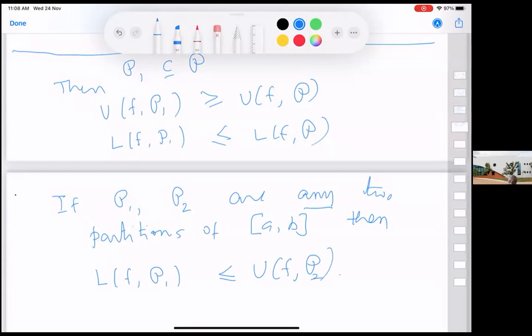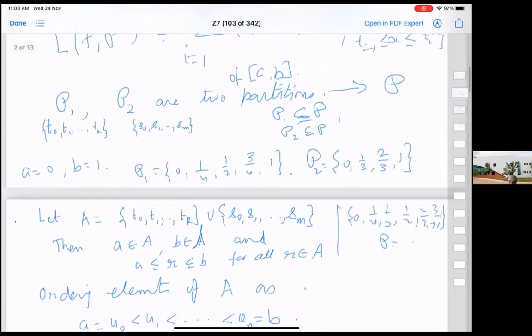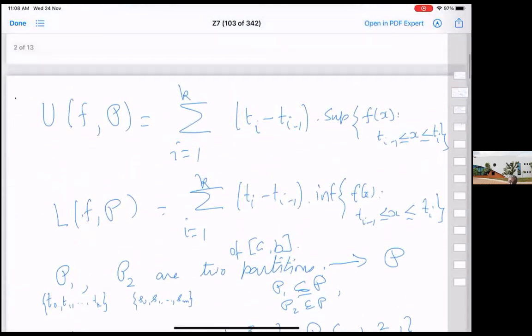I'm claiming now that you take any two partitions, the lower approximation on P1 is less than or equal to the upper approximation on P2. Immediately it is not clear because you are defining it via partitions. First, let's see. For the same partition, it is obvious that the lower bound is less than or equal to the upper bound.